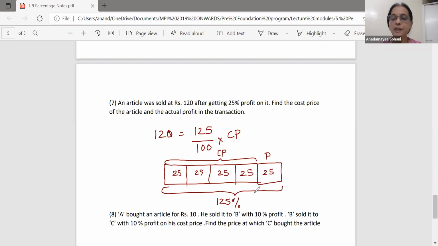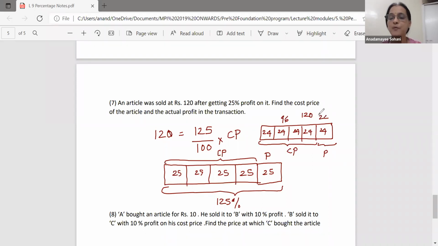So I will need to make 5 compartments of 120. If I make 5 compartments of 120, what will each compartment come to? 24. 24 fives are 120. So out of 5 compartments, 4 will be the cost price and 1 will be the profit. Cost price is 96, profit is 24, sale price is 120.